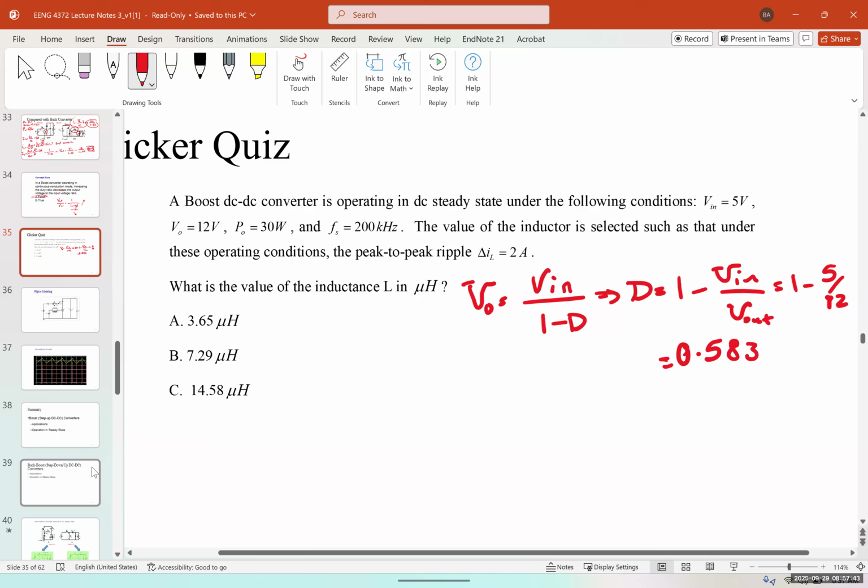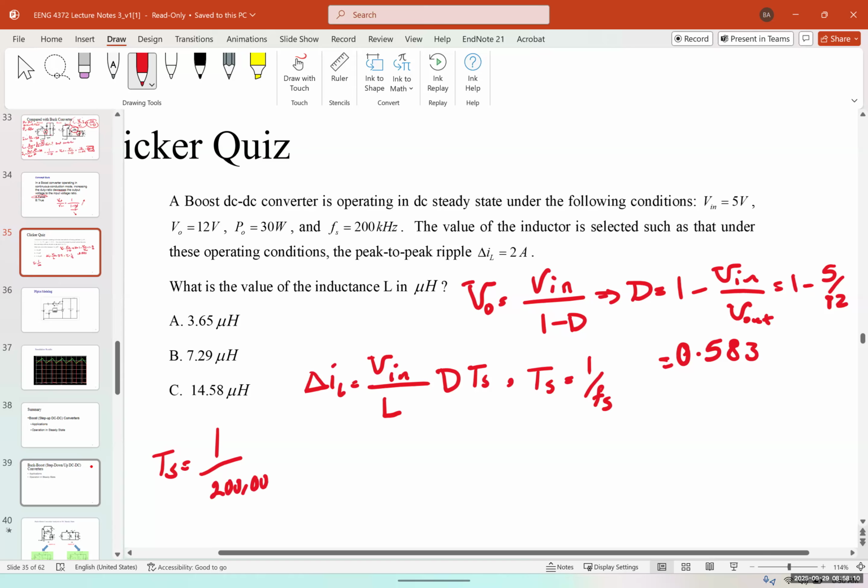Now, the inductor ripple, when it's in boosting and during the on cycle, delta IL is Vin over L times D Ts, according to the equation, and Ts is equal to 1 over Fs. So Ts is 1 over Fs, which is 200 kilohertz.